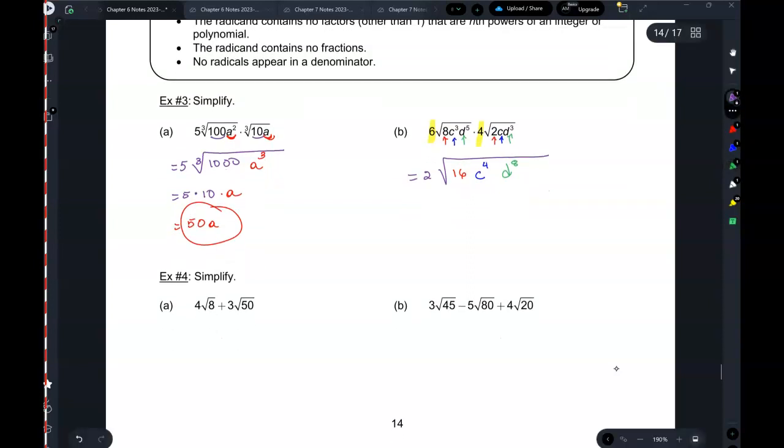Okay, so now this is 2 times. Root 16 is going to give me a 4. And then how many c's? 2.